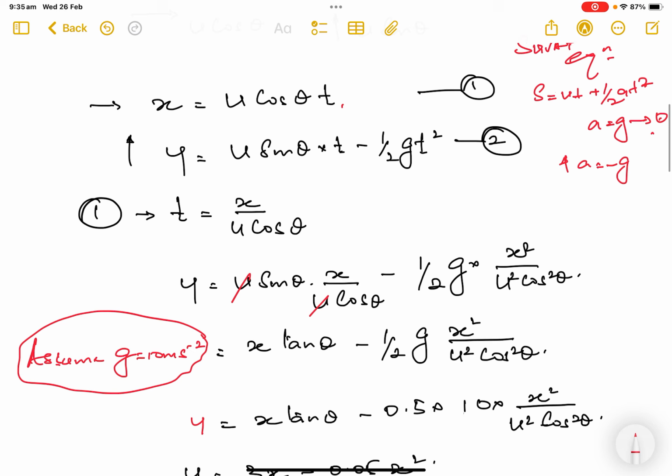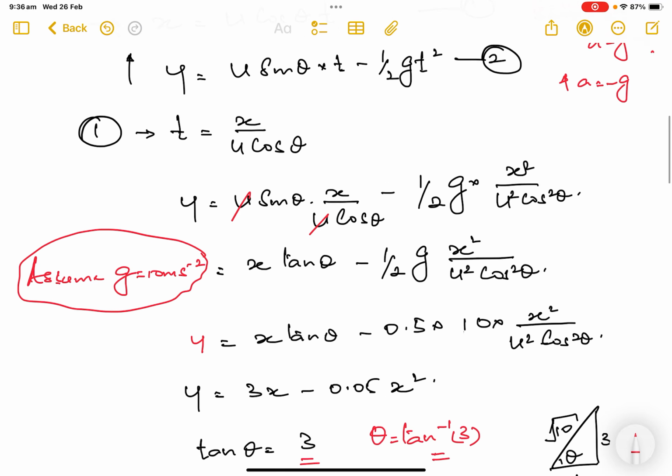From equation 1, we can get t, trying to eliminate t. t equals x over u cos theta. Substitute that value for t in the next equation: y equals u sine theta times x over u cos theta, minus half g times x squared over u squared cos squared theta.